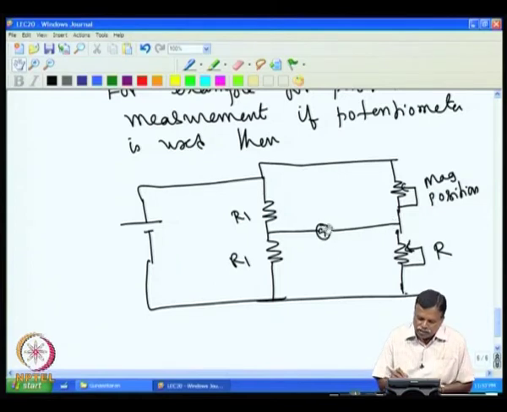And then the galvanometer error also has no effect, because even if the galvanometer is not calibrated or even if it has 100% error, since it is a null method, we are only looking at zero, so the galvanometer also has no effect. So the three effects, that is, the error due to the source, the error due to the galvanometer, and the resistance change due to temperature, all three have no effect on the final measurement.